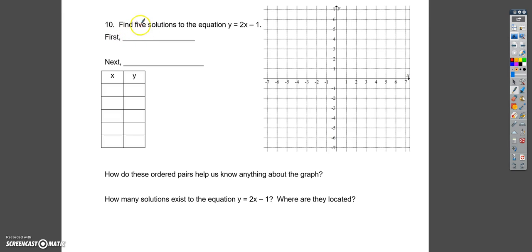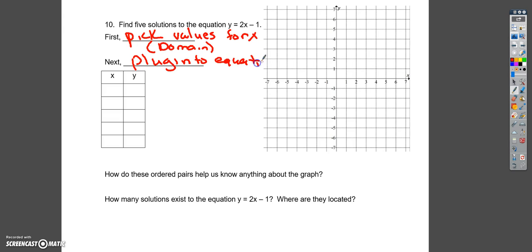First, pick values for x, which is the domain. Next, plug into the equation to find y.